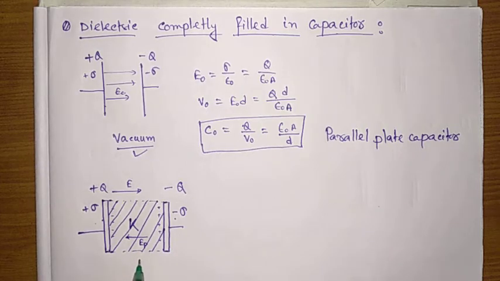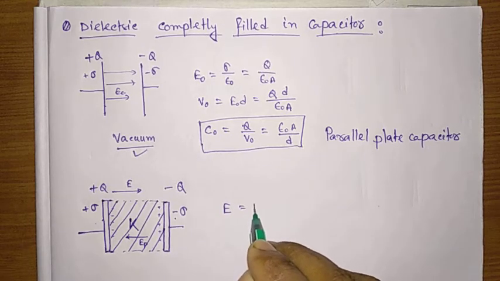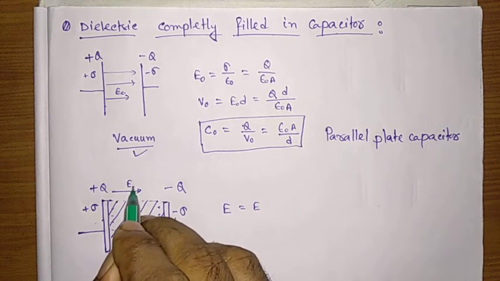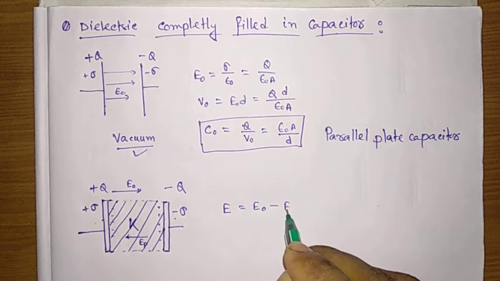So the net electric field inside the dielectric is E equals E naught minus EP.